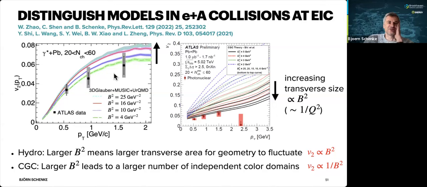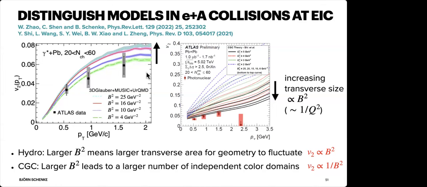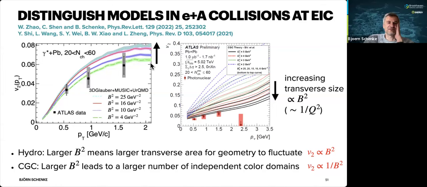And when you change this effective size, which we call B squared here, in the hydro calculations this increases the v2, whereas in the CGC it decreases the v2. So this would clearly distinguish these two descriptions if we can measure something like this at the EIC, for example.